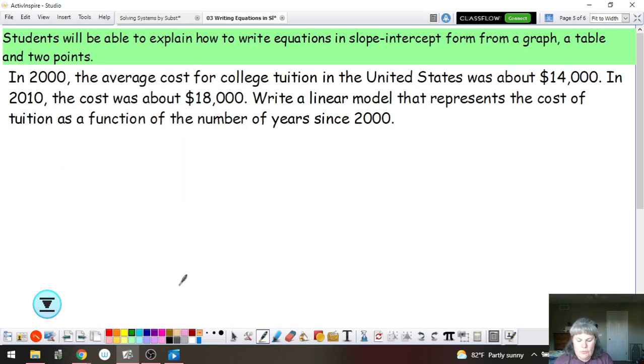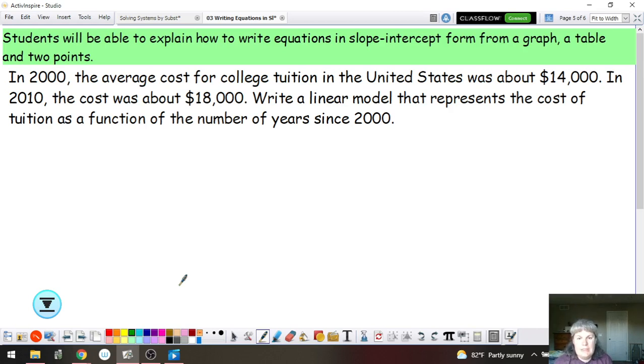And we can even do this in application problems. So in 2000, the average cost for college tuition in the United States was about $14,000. In 2010, the cost was about $18,000. Write a linear model that represents the cost of tuition as a function of the number of years since 2000.